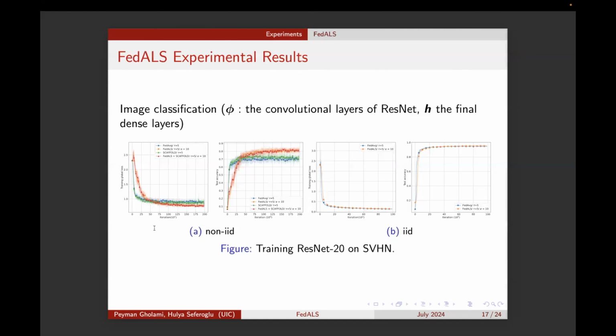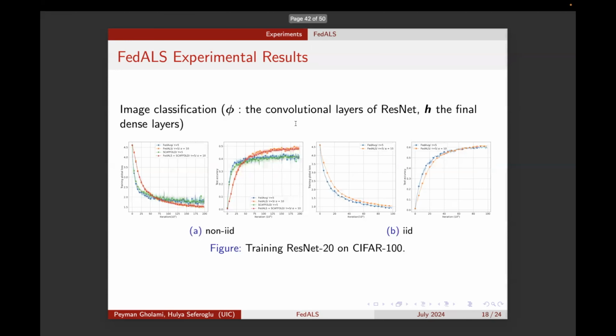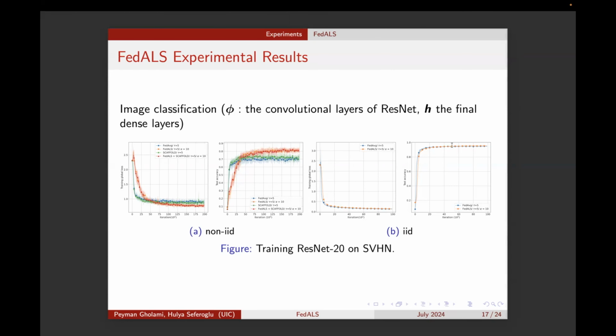As you can see here, FedALS improves the final accuracy achieved, which can be attributed to the improved generalization from more local steps for the representation extractor. Note that in the IID setting, the improvement is slight because our IID generalization bound was already tight. Remember, it had only one term, and the second term wasn't there.